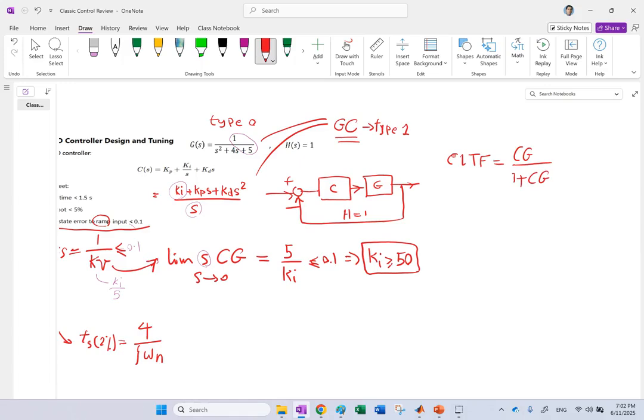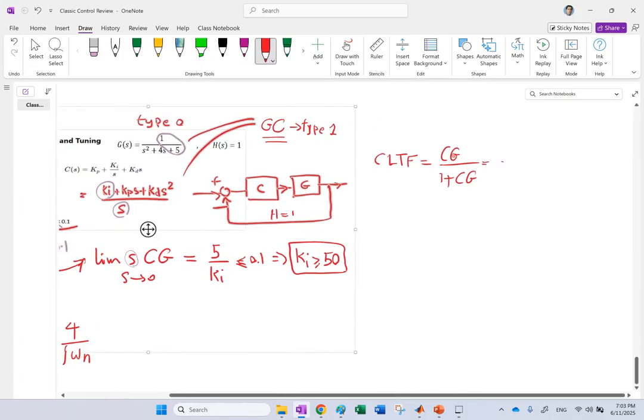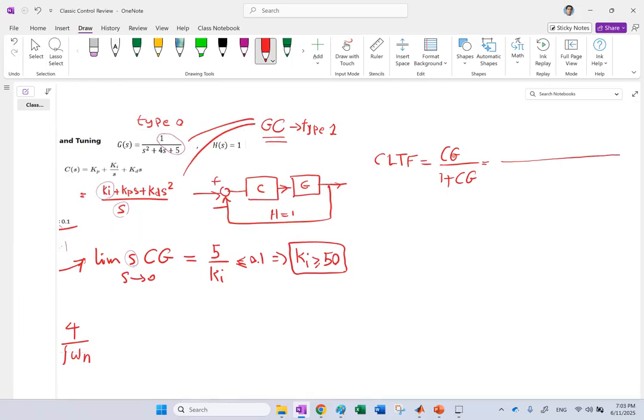This is going to be a third order system because C has 1 pole, G has 2 poles, so you're going to get basically 3 poles. So it's a third order system. You have 3 poles, but we can consider 2 of them to be dominant and pick one of them so that it is way down the real axis on the negative side, and it's a non-dominant pole. And that's what we're going to do in a second.